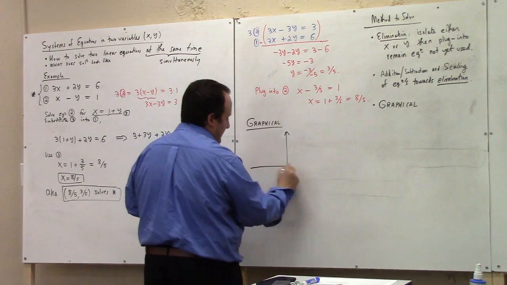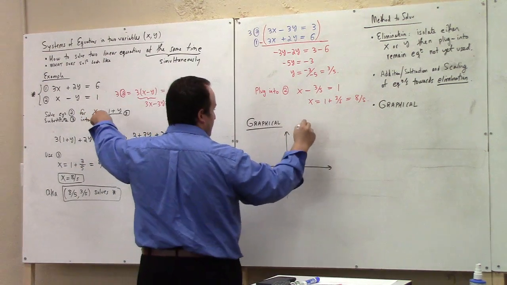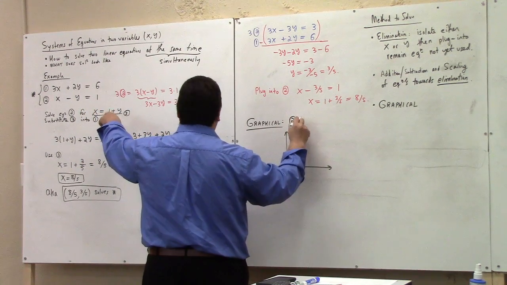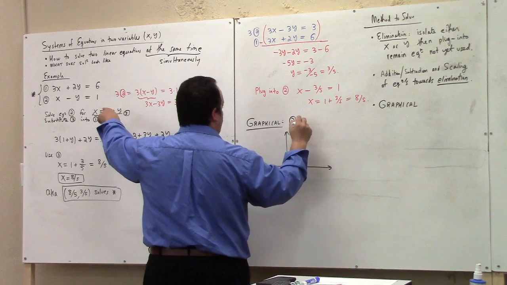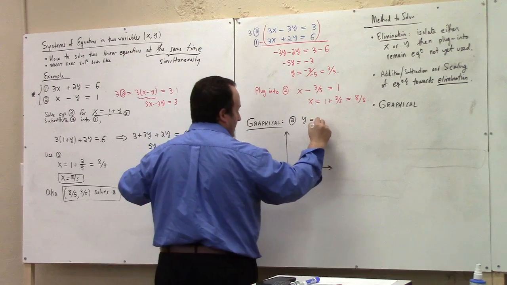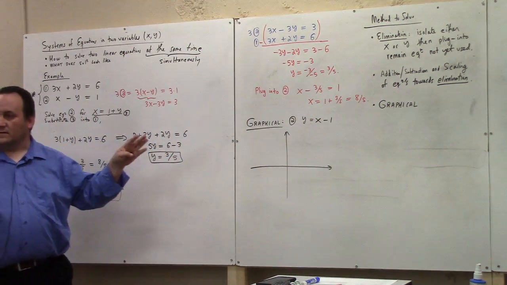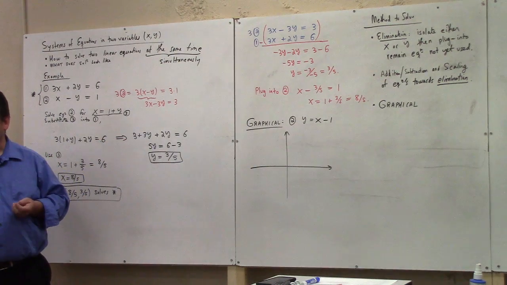We'd have to plot these two lines, right? So the one is easy enough, right? Equation 2 is what? Solve for y, what do you got? I heard it: x minus 1. I'll buy that. So we have slope 1 and a y-intercept of minus 1, right?